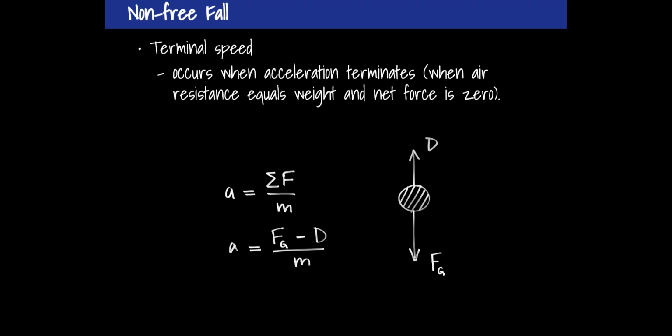So the net force is going to be equal to, because we know we'll calculate the acceleration as the net force, sigma f, divided by the mass. The net force will be the force of gravity downward, which is just the mass times g, minus the drag force divided by the mass.